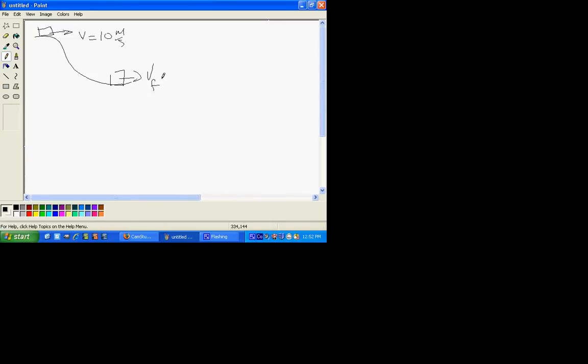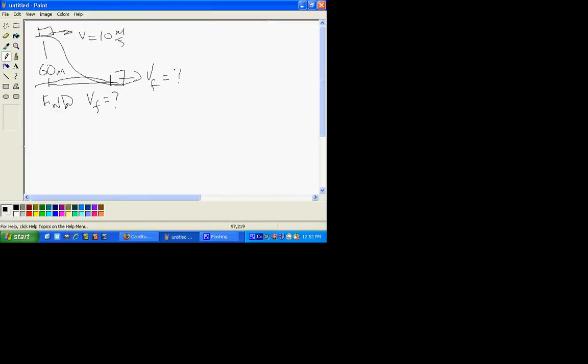This final velocity is going to be an unknown value. The height between the bottom and the top is 60 meters. Our objective here is to find the final velocity.